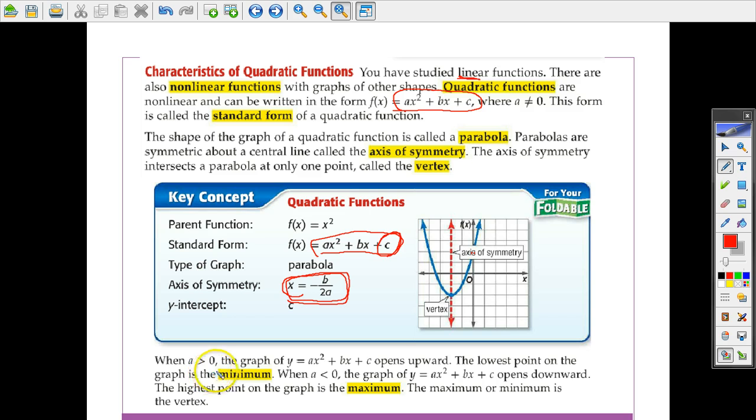All right, so when you have a graph of ax squared plus bx plus c and a is greater than 0, it opens upward, and it has the lowest point, which is a minimum. Now if a is less than 0, that means it's negative, then it'll go downward and it'll have a maximum.